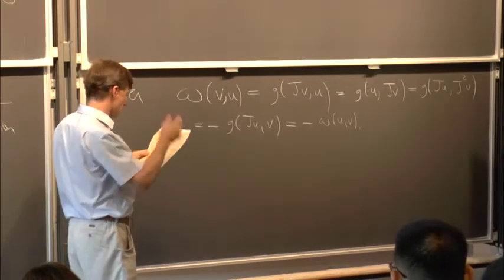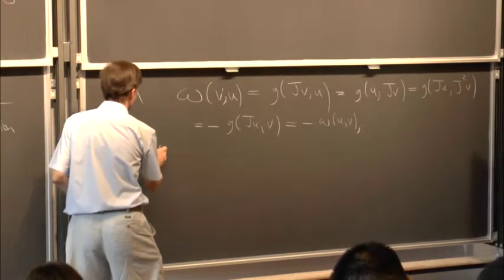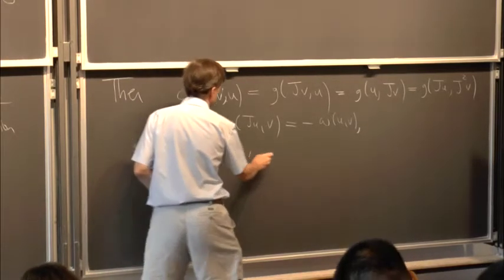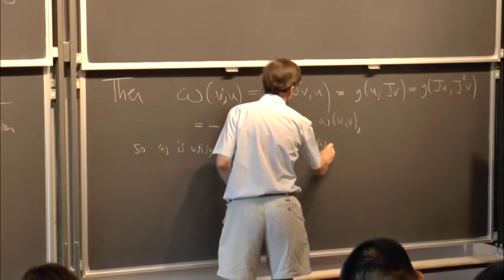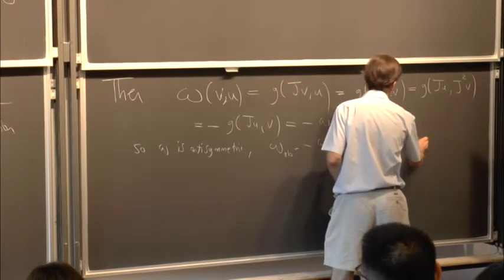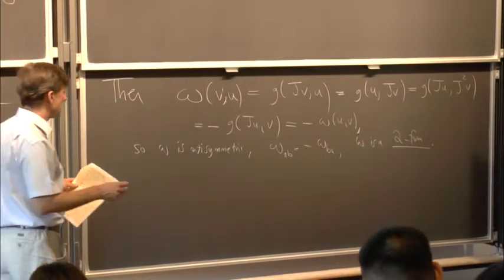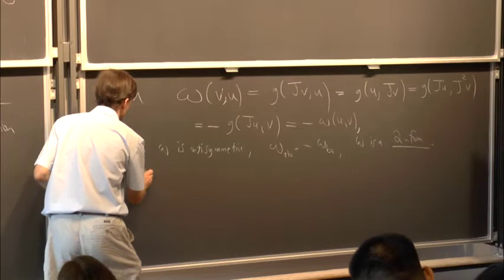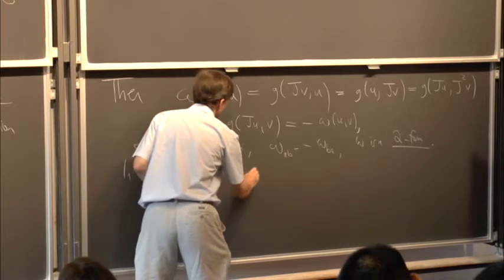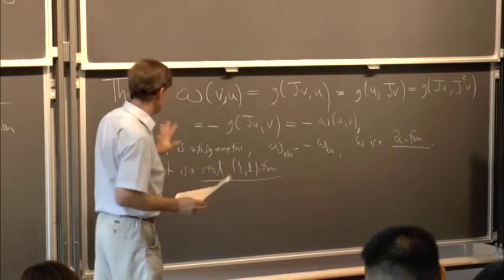So omega is antisymmetric. Omega_AB is minus omega_BA, and omega is a two-form. And that only works because g is Hermitian. In fact, it is a real (1,1) form.